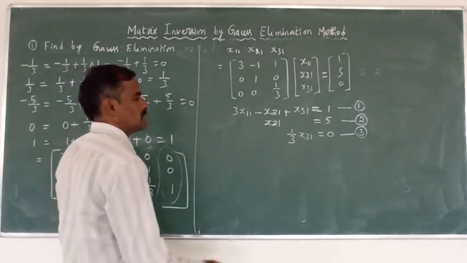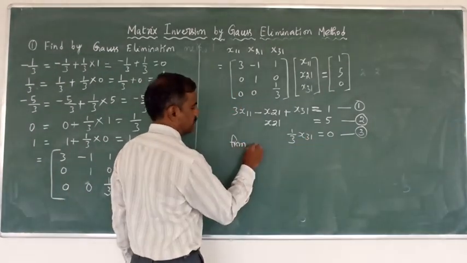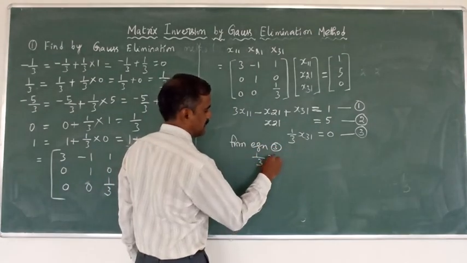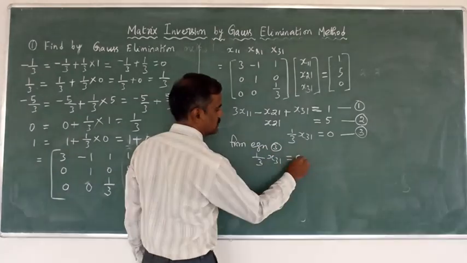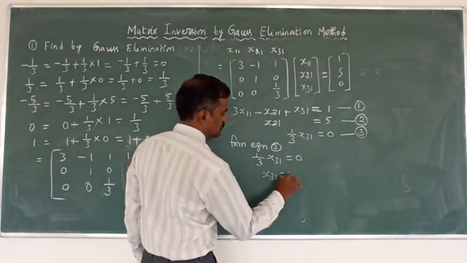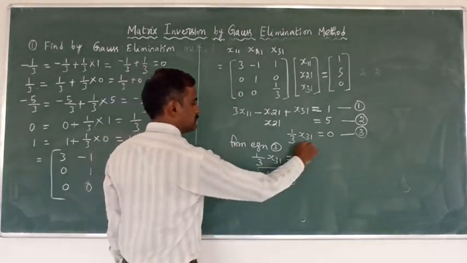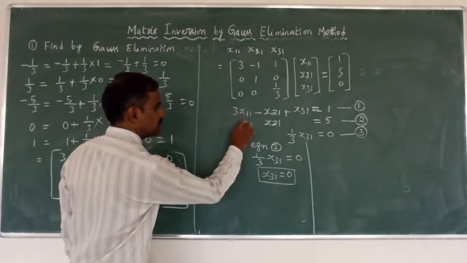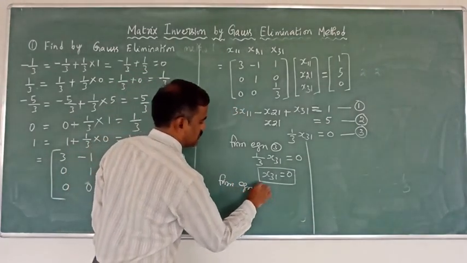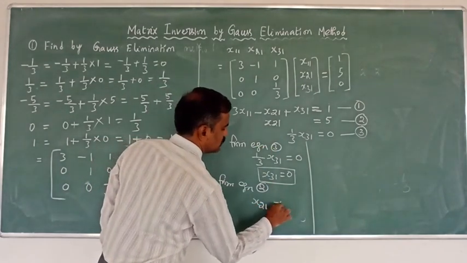Now first from equation 3, 1 divided by 3 x31 equal to 0 means x31 equal to 0. Next, from equation 2, x21 equal to 5.